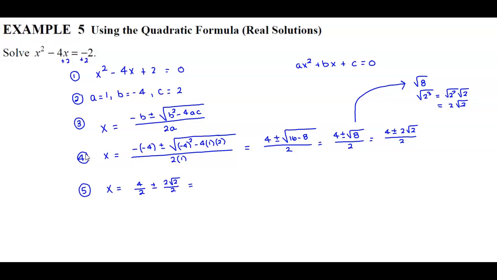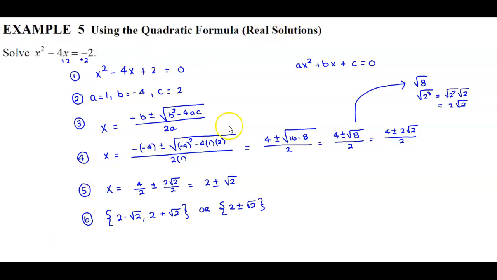And we can simplify that even more, because 4 divided by 2 is going to give us 2, plus or minus 2 divided by 2, which leaves us the square root of 2. So now we have our solutions. So this can either be 2 minus the square root of 2, 2 plus the square root of 2, or 2 plus or minus the square root of 2.